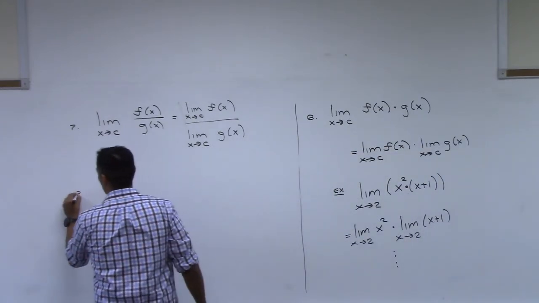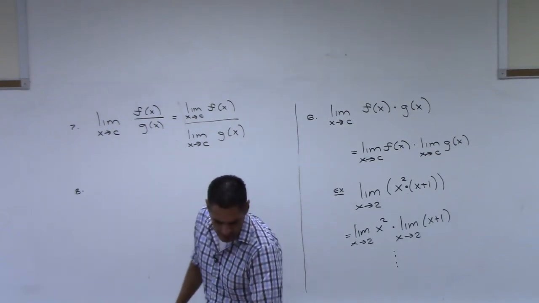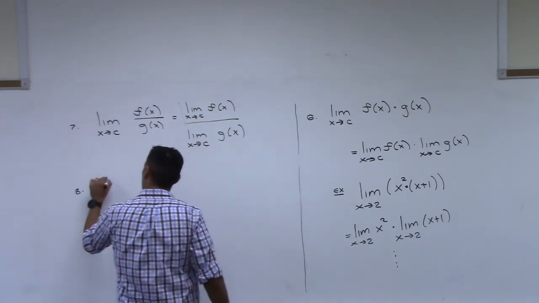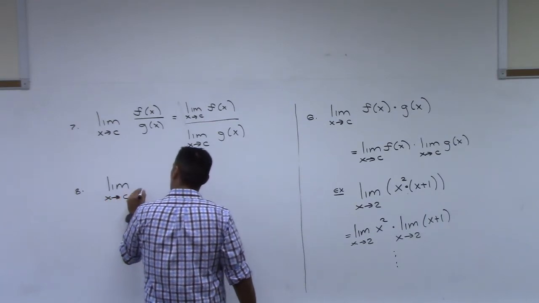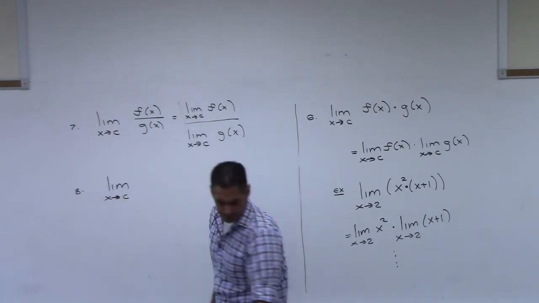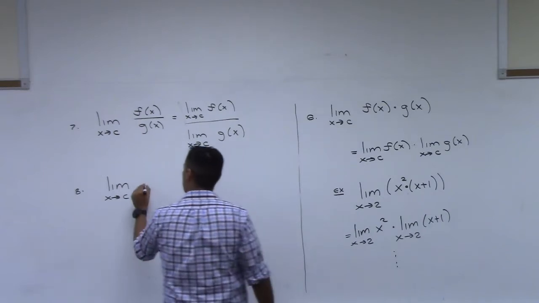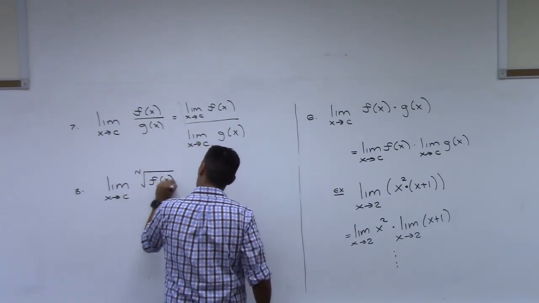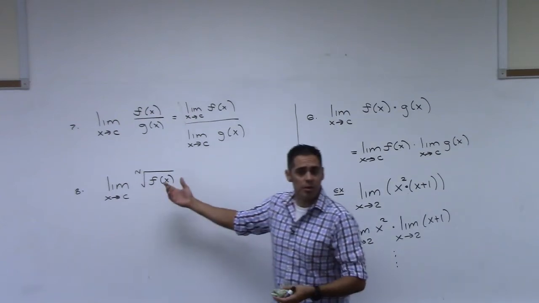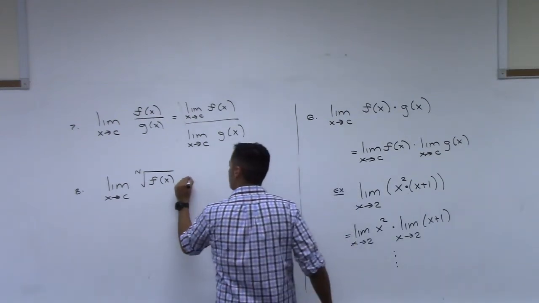And then the last one has to do with roots. If you take the limit and let's say you have the nth root of a function. So let's say like you had the square root or cube root of a function. This law is actually pretty amazing.